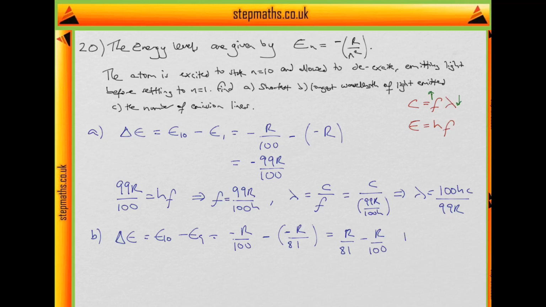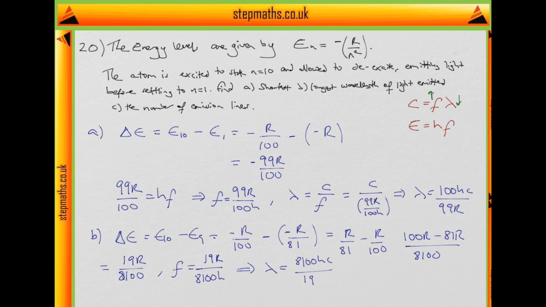That gives us 100R minus 81R over 8,100, which is equal to 19R over 8,100. Plugging this in again, our frequency, as before, will be equal to 19R over 8100h. This tells us that lambda is equal to 8100hc over 19R, and that's going to be our longest wavelength of light emitted.